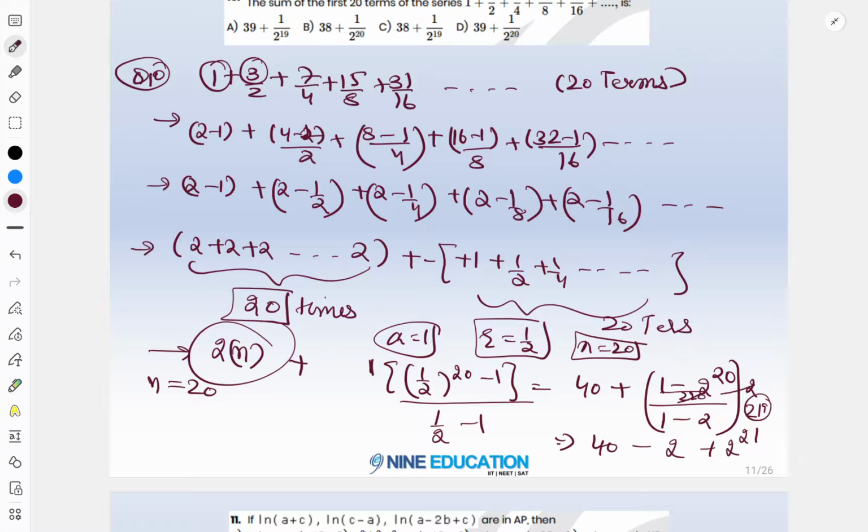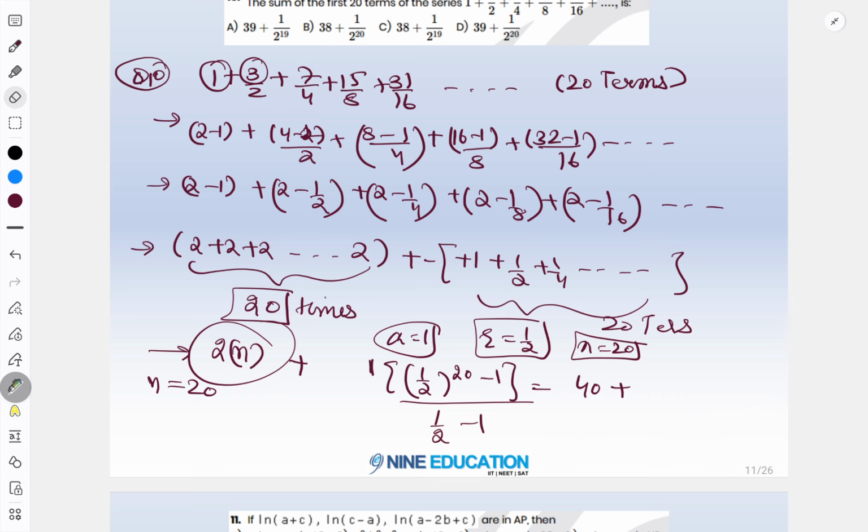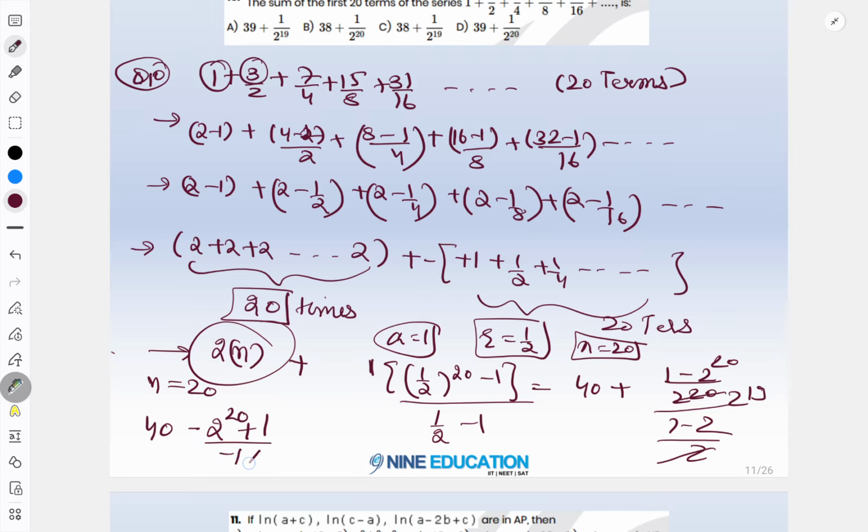So let's write it again. This is equal to 40 plus (1 minus 2 to the power 20) by 2 to the power 20, (1 minus 2) by 2. So this gets cancelled and we get 2 power 19. So we are getting 40 minus (2 power 20 plus 1) by (minus 1 into 2 power 19).